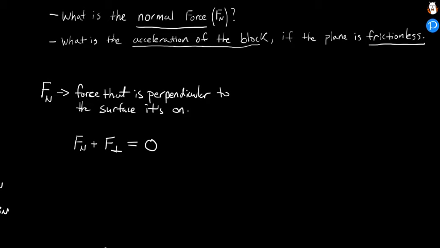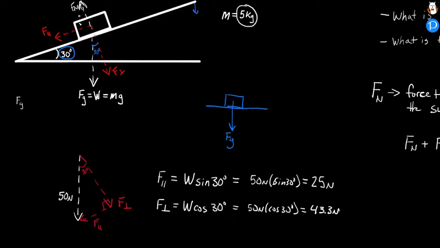In other words, those two forces have to cancel each other out because the box is not accelerating this way or this way.